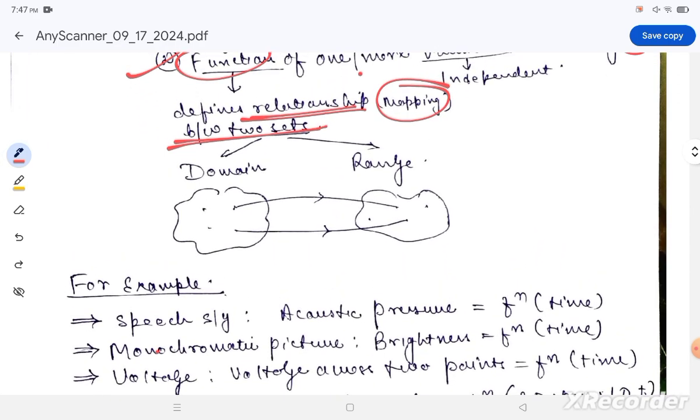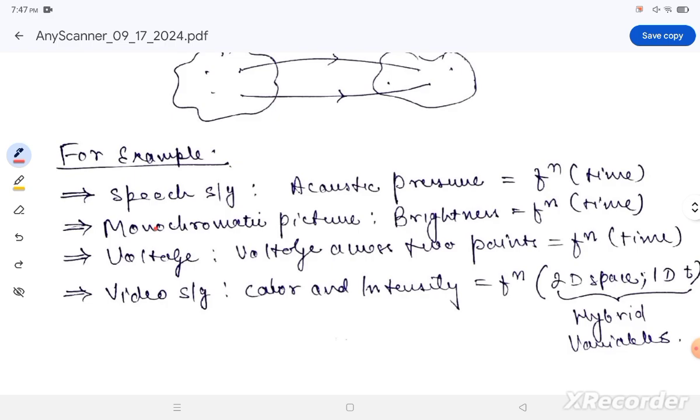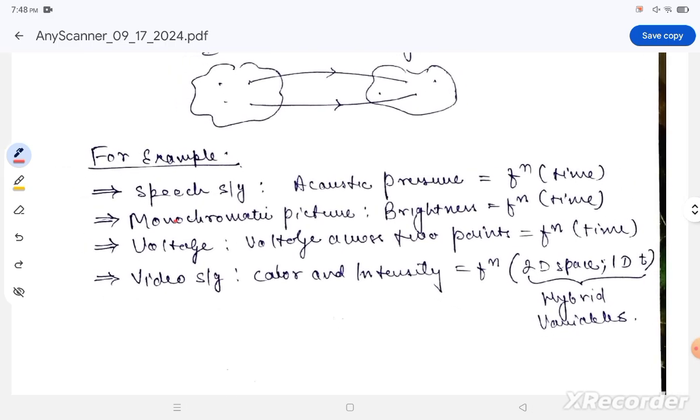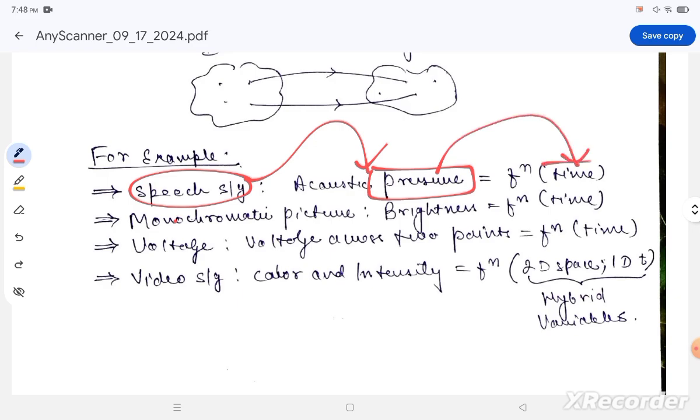Now, elaborating on this, I am giving you some examples of signals. The first example is the speech signal. In a speech signal, the information is about the pressure, and pressure is expressed as a function of time. For example, you must have seen on YouTube or any recording device, or any digital device, when a song is being played, signals like this.